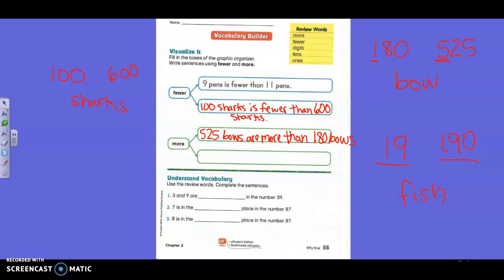Which one is big? More. Which one is more? 19 or 190? Grayson? 90, 100. What's the number? What's this number? Okay, what's the first number?